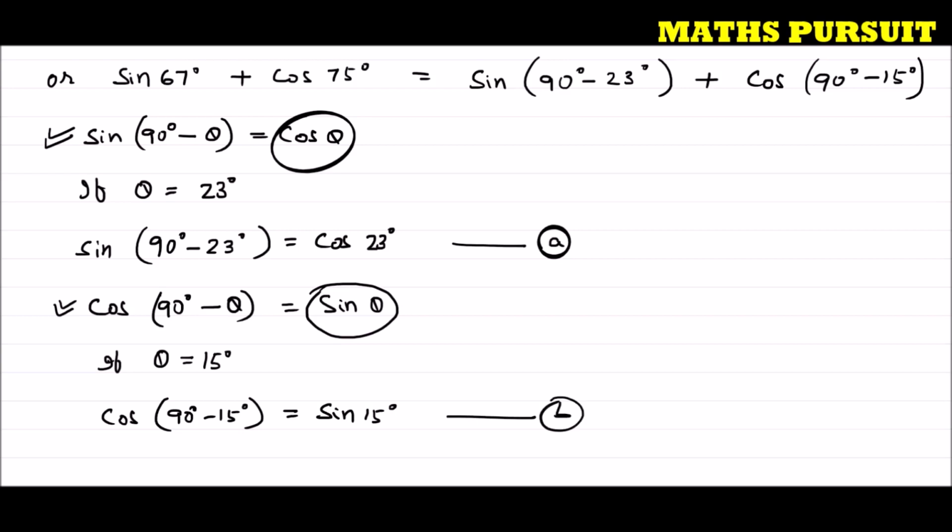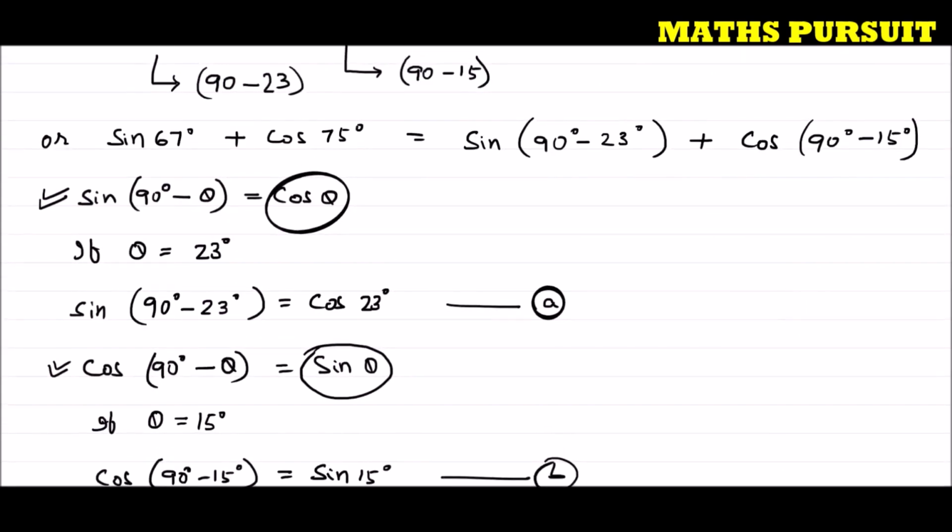Now guys, let us replace these values in the original equation that we got above. If you look above, we got sin of 90 degree minus 23 degree plus cos of 90 degree minus 15 degree.